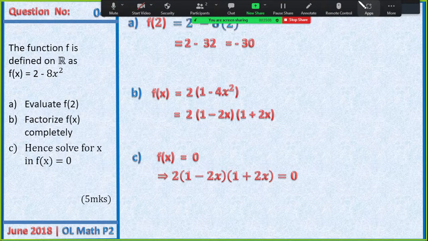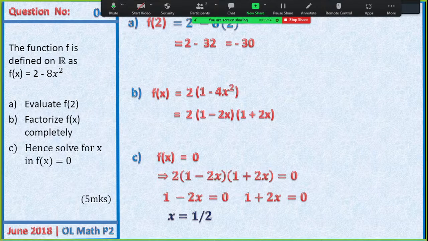And solving for x, you have x equals a half or x equals negative a half. Any question?